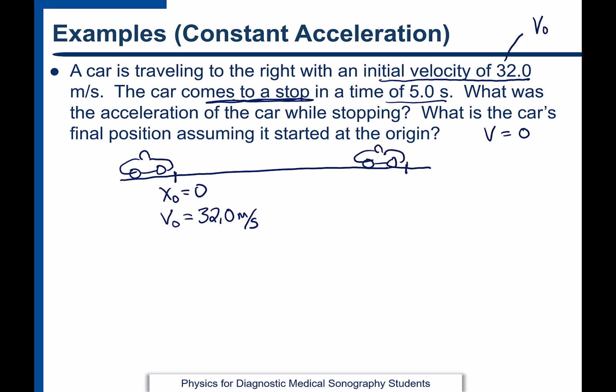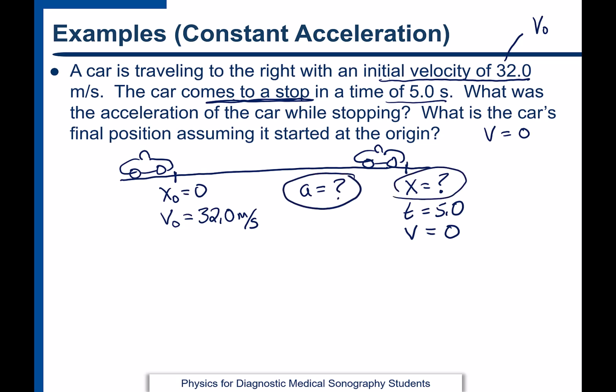And we don't know where it is when it comes to a stop. That's something we're trying to find. But we know that it took 5 seconds for the car to stop. And since it stopped, we know the final velocity is 0. So those are the things that we know. Okay, so we want to find the acceleration, and we want to find the final position.